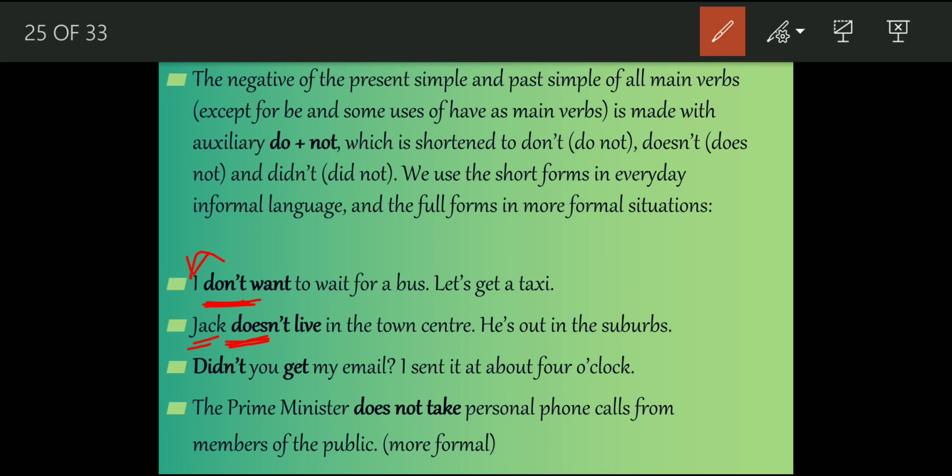But Jack here is a singular subject who is living. That verb is being done by the subject Jack, which is a singular one. So as Jack is singular, we are using does. Clear? Even here, the Prime Minister does not. Why didn't we use do not? Because the Prime Minister is a singular one, right? So we are going to use a singular verb, that is does. Is it clear?